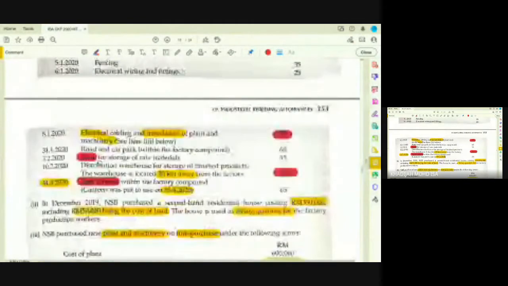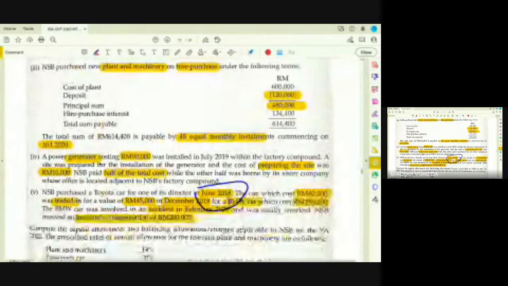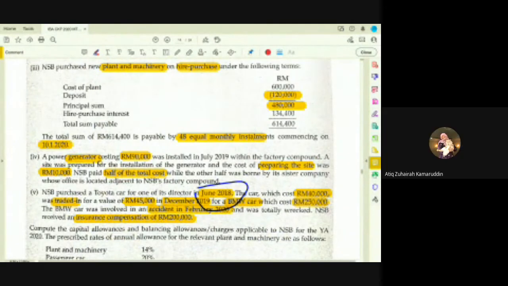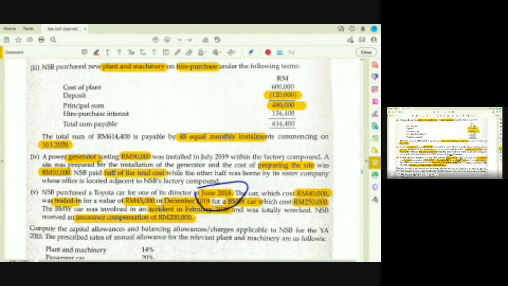So if you were to purchase on 18th of June 2018, which YA is that? 2019, right? So later you will see that the answer in the textbook is wrong. Okay, no problem. We go through that later.